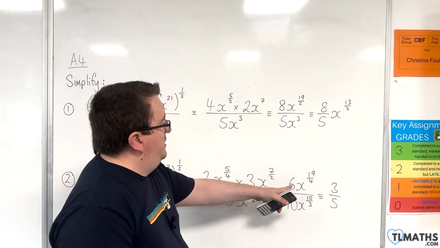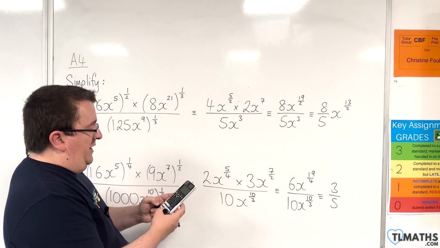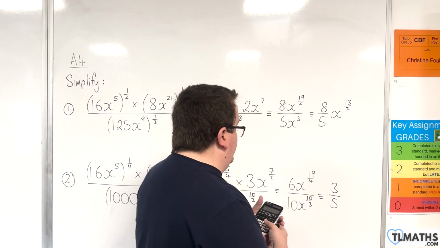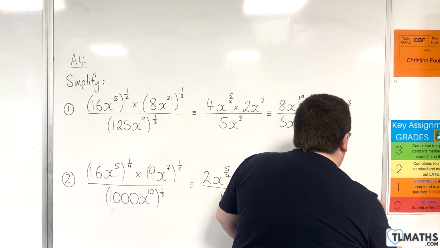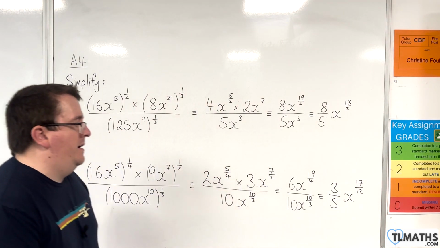Then we've got x to the 19 quarters divided by x to the 10 thirds. So 19 quarters take away 10 thirds is 17 twelfths. So x to the 17 twelfths, and that's my final answer.